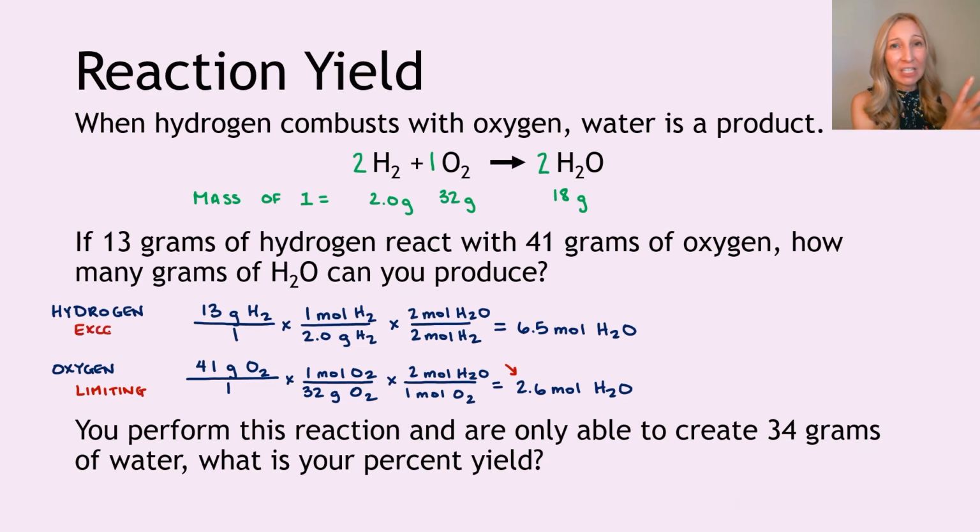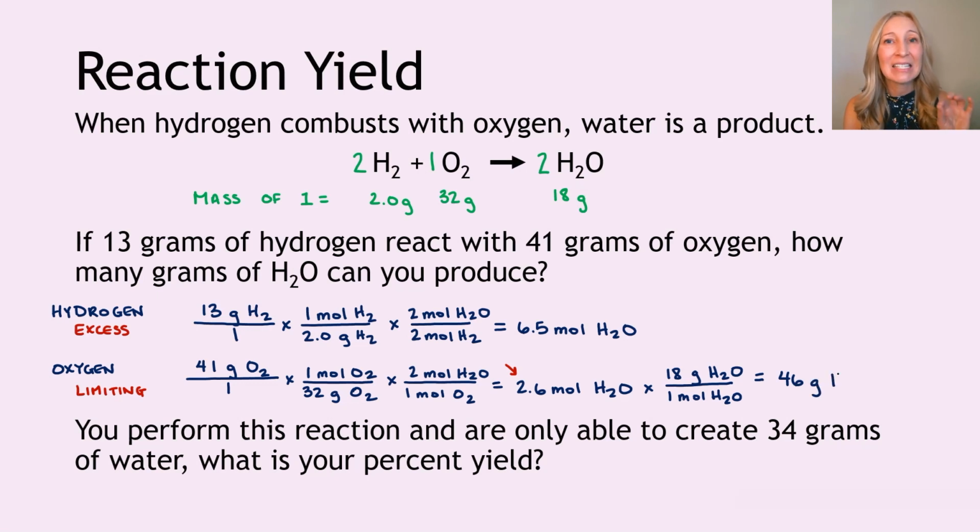So I'm going to finish the calculation just with the oxygen, and that allows me to reduce my number of calculations by 1 step. So 1 mole of water has a mass of 18 grams, which means that 2.6 moles of water has a mass of 46 grams. That is our theoretical yield.